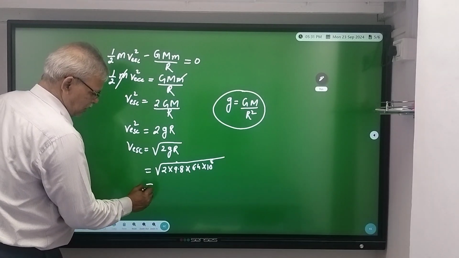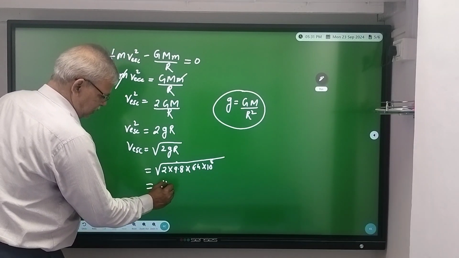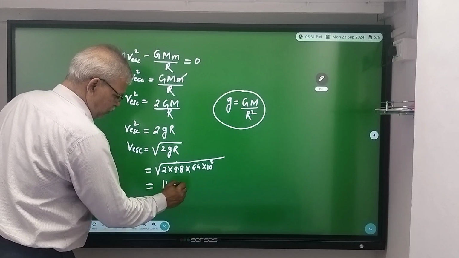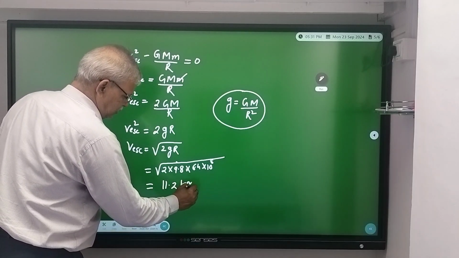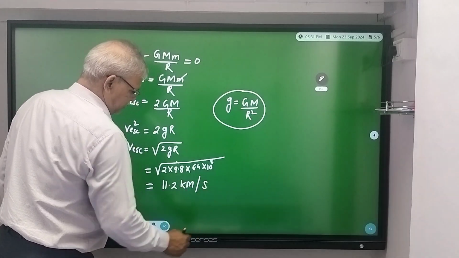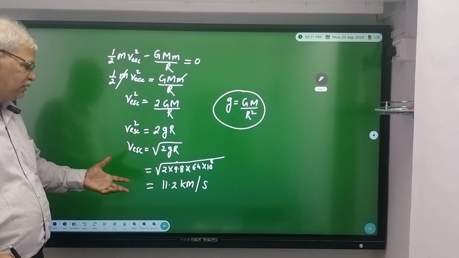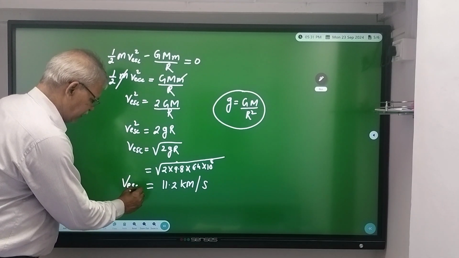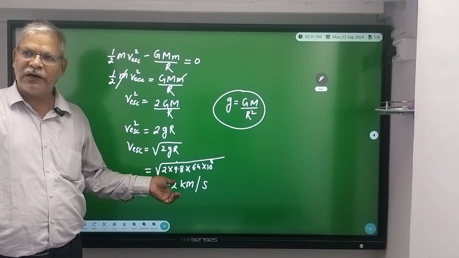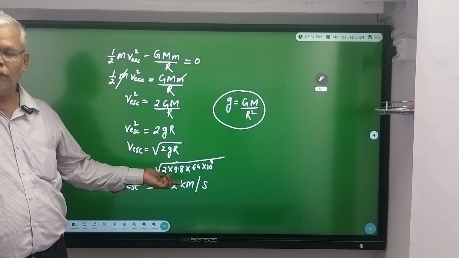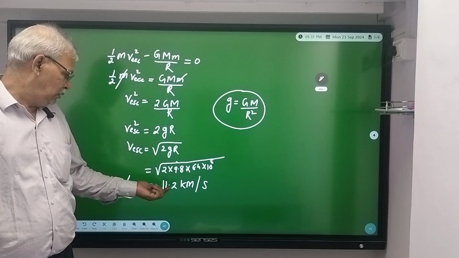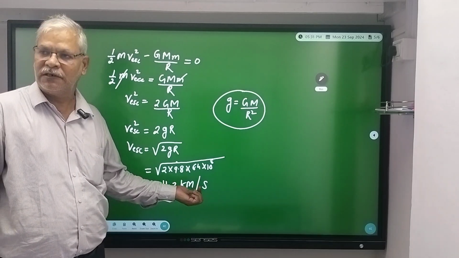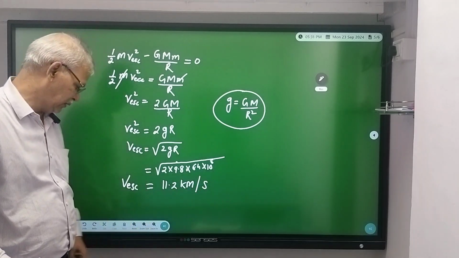Now, after calculation, it will be 11.2 kilometer per second. Now, this is the escape velocity required for an aircraft to overcome the Earth's gravitational force of attraction.